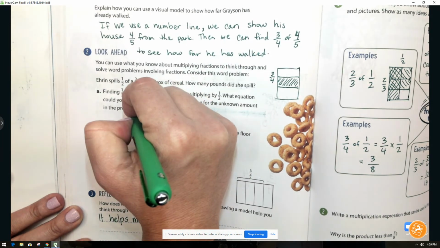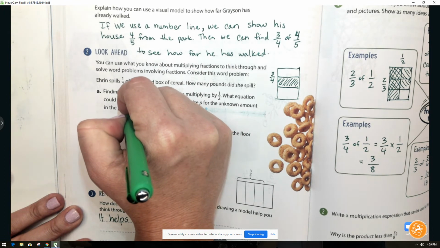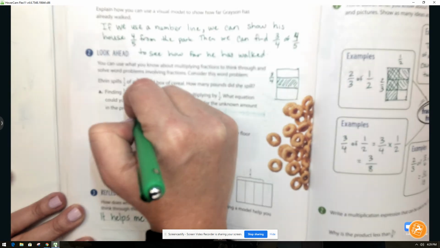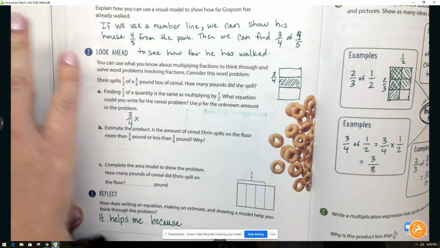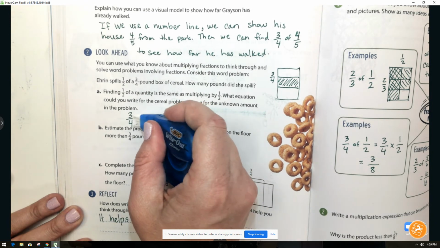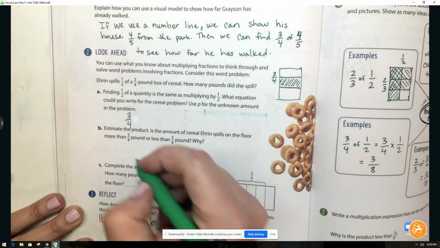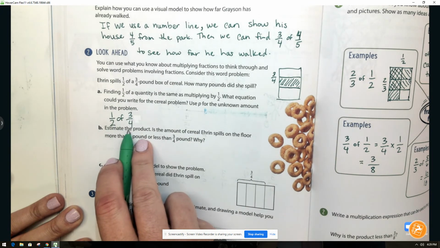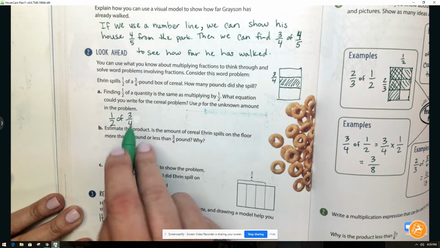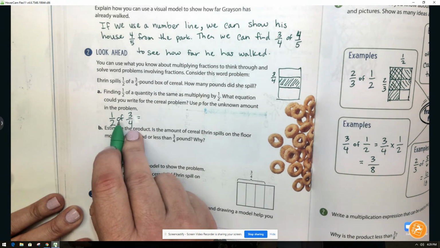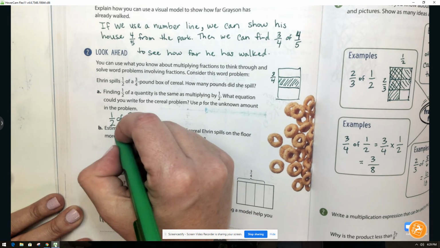So we know that she had 3/4 of a box of cereal. Then we know that she spilled, I'm going to do it the other way around. We know that she spilled half of it. So we're trying to solve what is half of a box of cereal that is 3/4 of the way full. So we're going to remember that word of also means multiplication.